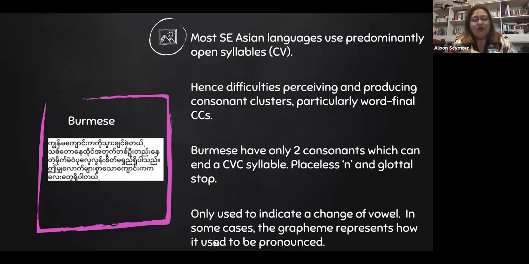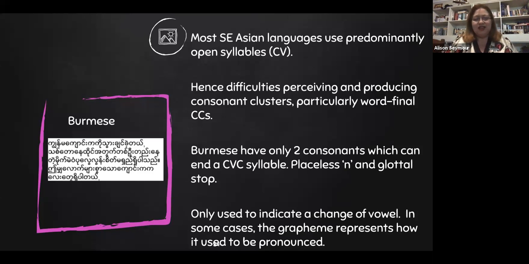So that's one of the sounds that can come at the end of a syllable. And the other is what they call placeless N or indeterminate N, which means that they know that they have to make a nasal sound. It doesn't really matter which nasal sound is made, but they will see a syllable which ends in a consonant, and regardless of how the consonant is written, it will end in some kind of nasal sound.